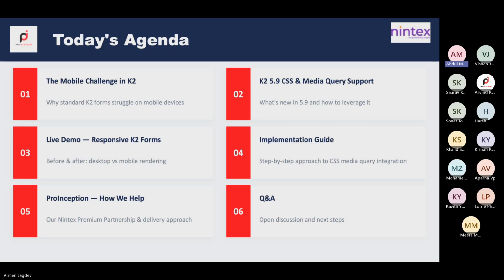You also would have experienced that the great layout that you created that looks very good on the desktop looks really collapsed on mobile, because it is not a responsive design. Now in K2 5.9, we have capabilities to overcome that challenge. That is what we are going to discuss today.